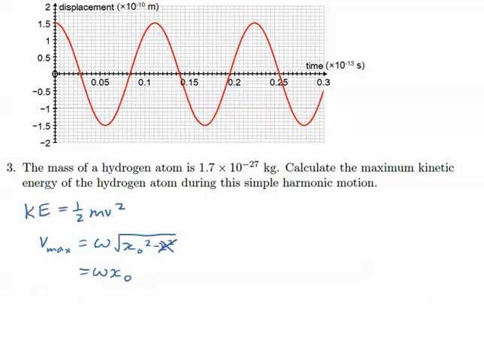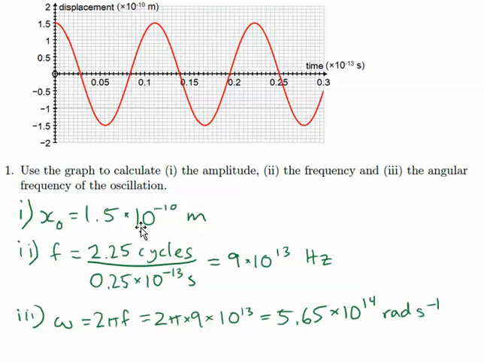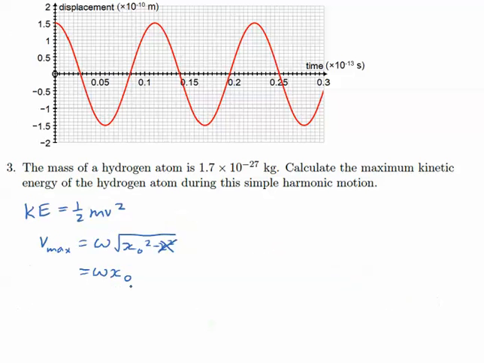So if we go back to question 1, the amplitude was this, and the angular frequency was this. So let's just write them out here. So we've got 5.65 times 10 to the 14 radians per second, and then we're multiplying that by the amplitude.